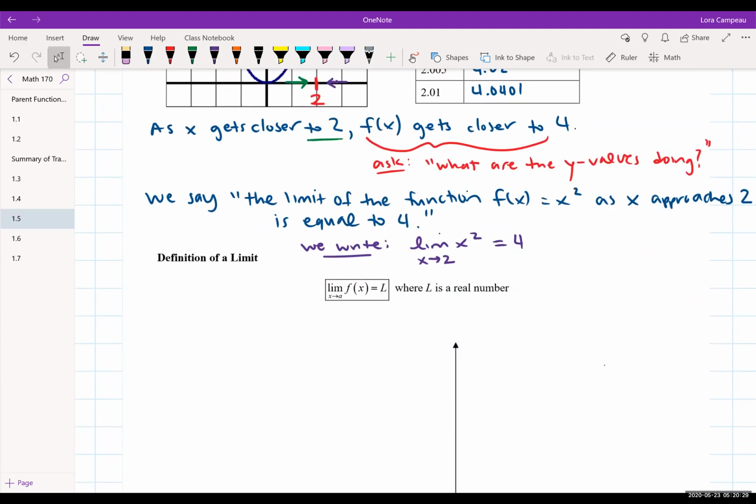We do have the generic notation, and I'll rewrite it because we do like to speak the correct English for it.